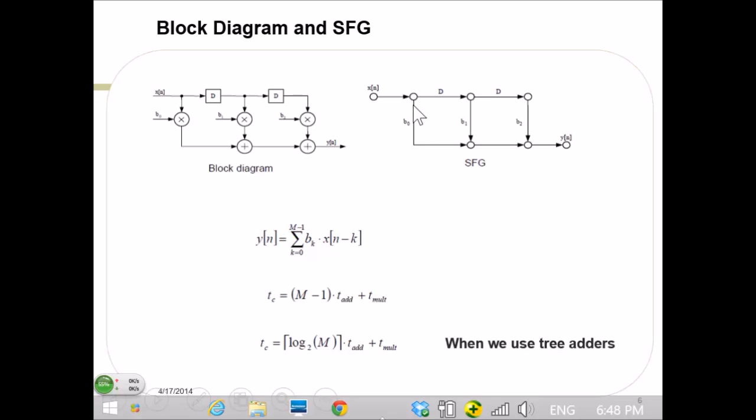In this example, the critical path is a multiplier delay plus two adder delays if you're doing a serial adder. But what if you're doing a parallel adder? Then it would be one adder delay and one multiplier delay.